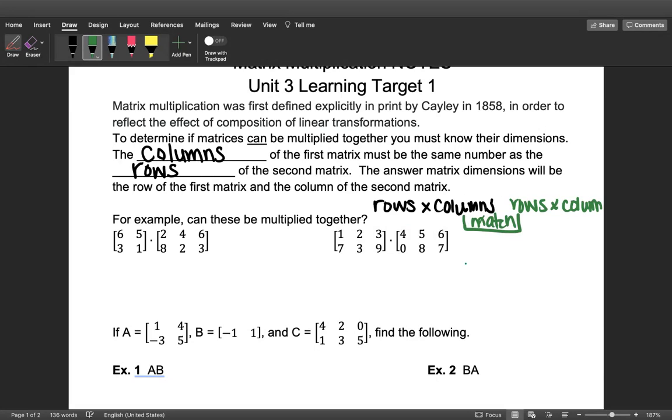And then in the answer matrix, the dimensions of your answer will be the rows of the first matrix and the columns of the second matrix. Okay? So if you didn't notice that from yesterday, you will see that today.